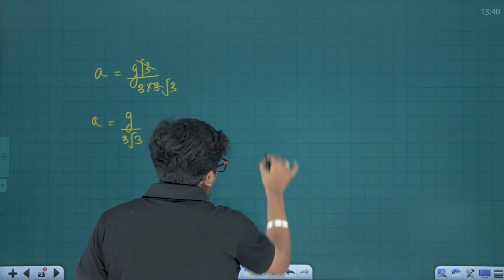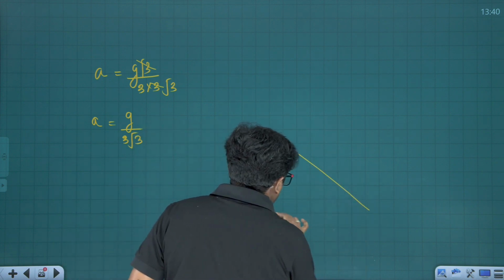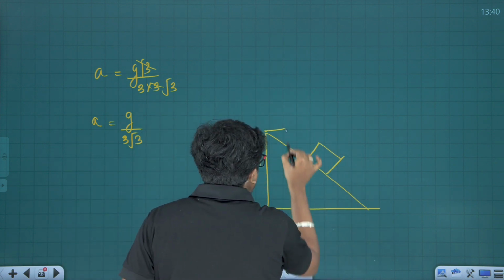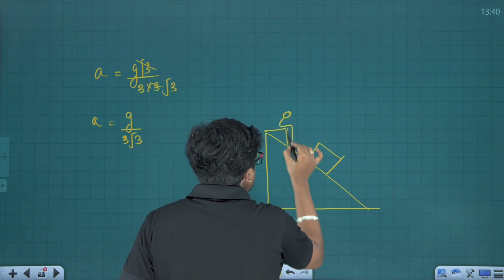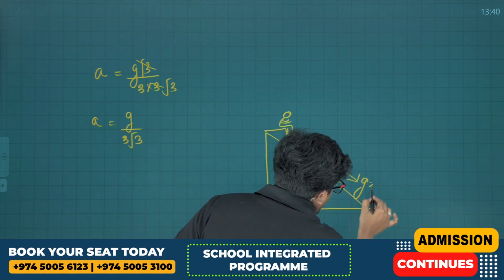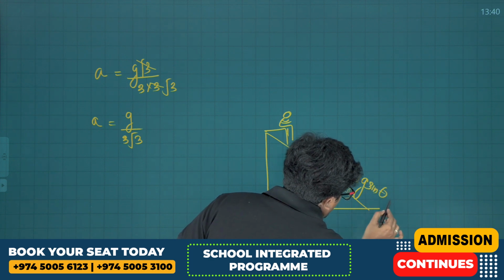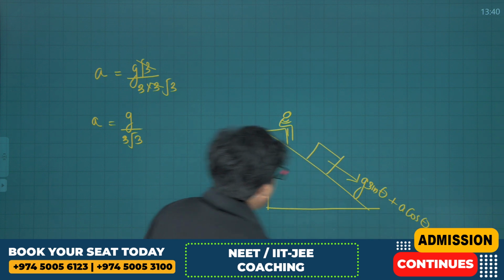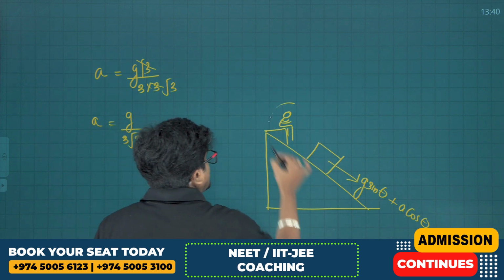Now again let's go back to the wedge. This is that mass, and this is the observer, and here this is having g sin theta plus a cos theta. This is the downward acceleration as per this observer.